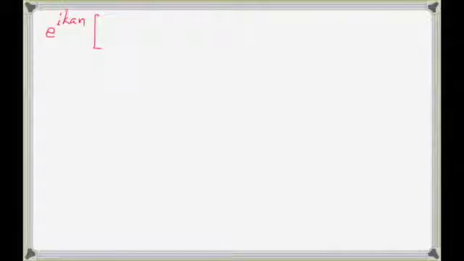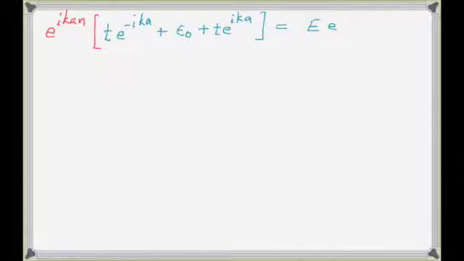And I'm left with t e to the minus i k a plus epsilon 0 plus t times e to the plus i k a is equal to E times this same phase factor e to the i k a n.